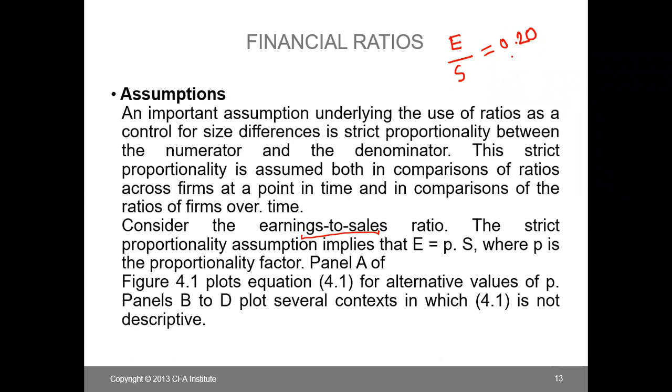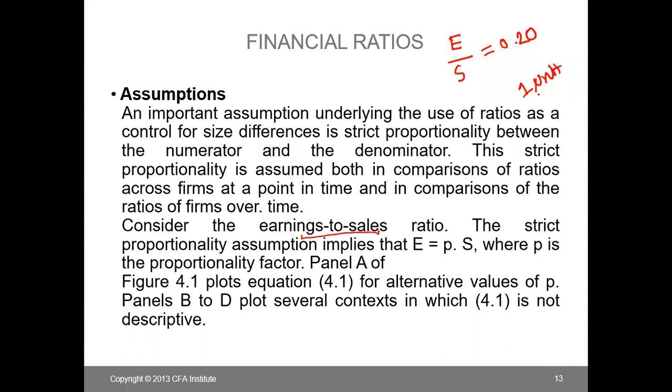What does it mean? If the sales of this particular company go up by 1 unit, the earnings should go up by $0.2. If the sales go down by 1 unit, the profit should go down by $0.2.